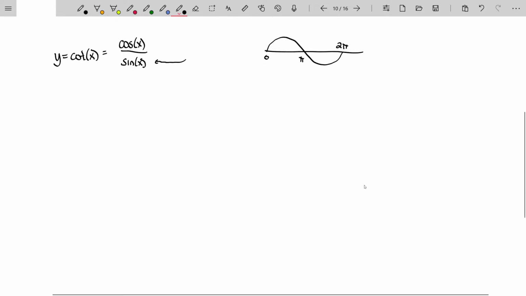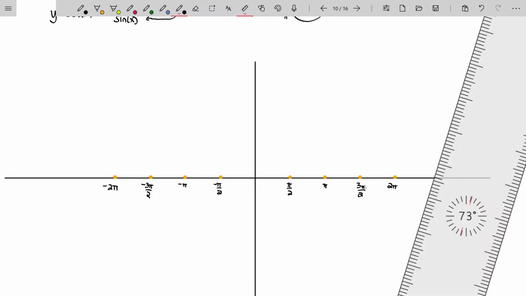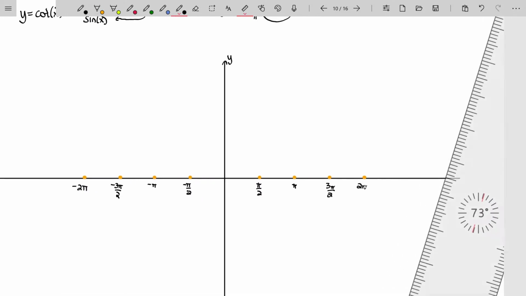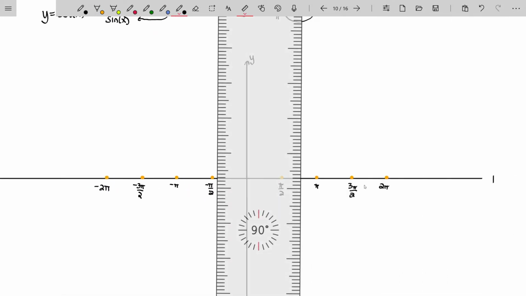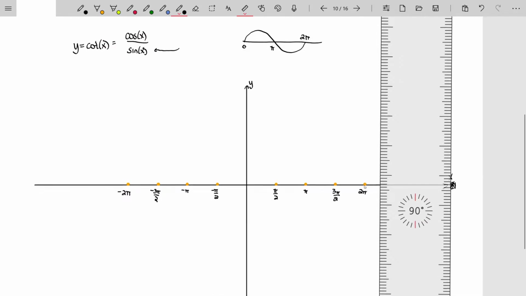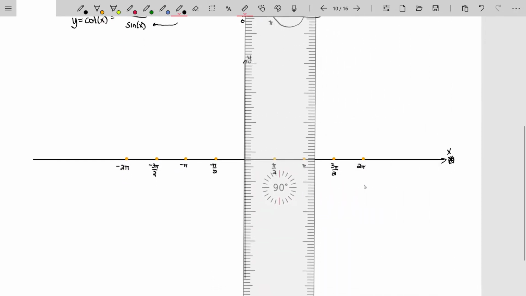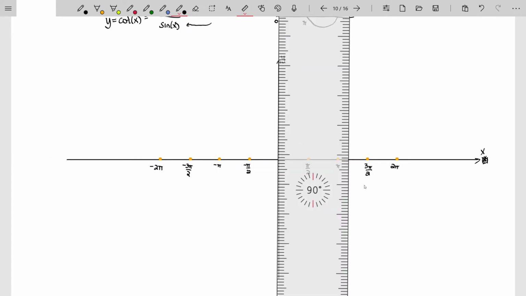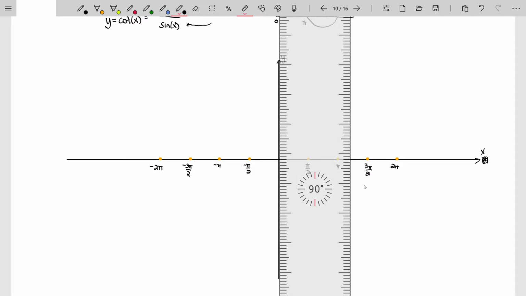So if I quickly graph here the x and y axes, and label all the critical numbers that we normally have, and let me just label this the x-axis. Again, we're worried about division by 0, and that occurs at integer multiples of pi. So I'm going to graph in here the vertical asymptotes at integer multiples of pi.